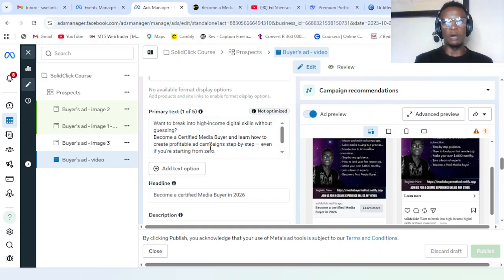Then you're gonna check the metrics such as the cost per click. How much did it cost a single person to click your ad? Those kind of metrics will help you. They will tell you if your ad is taking up much of your ad budget.